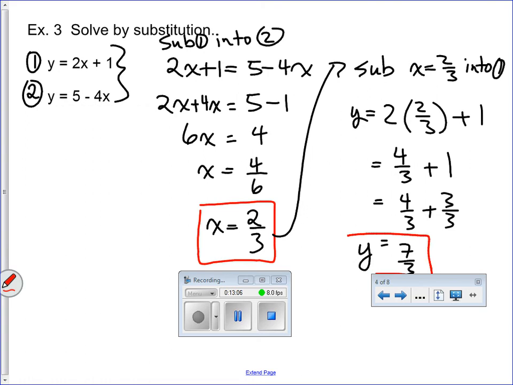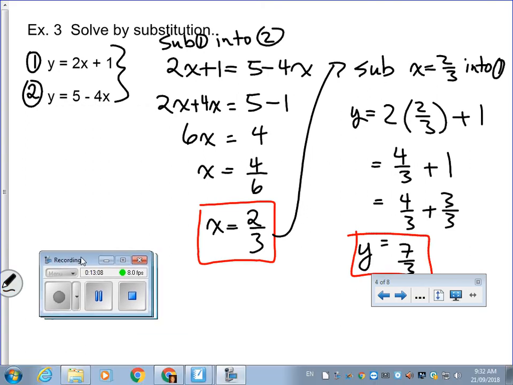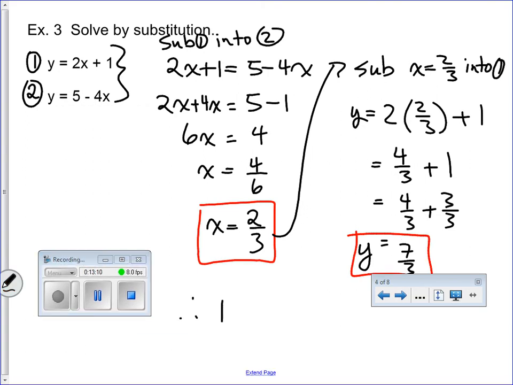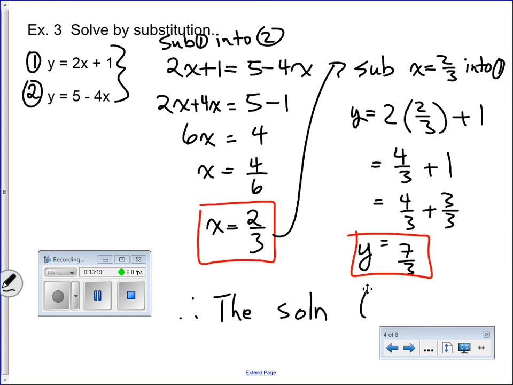And all you have to do now, since we're not checking, is state the solution. Therefore, the solution. Now, you can write the solution as this if you're rushing on a test. You're going to write (x, y) equals (2/3, 7/3). And we're done.